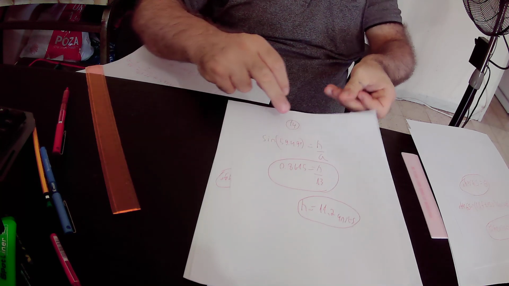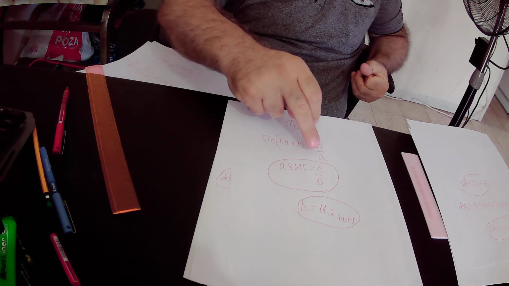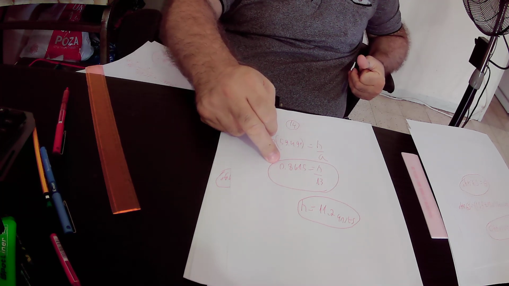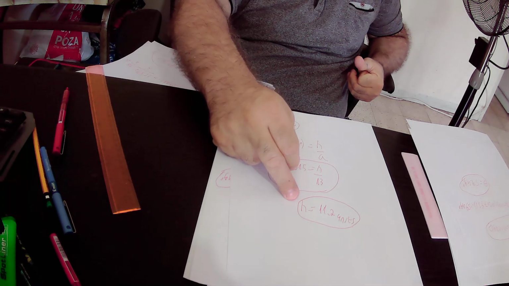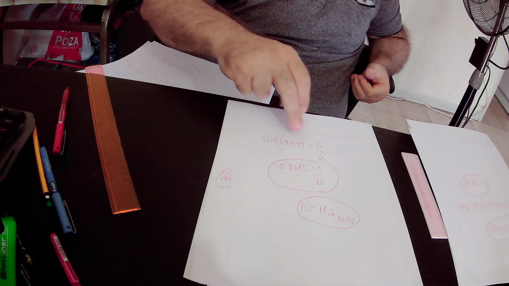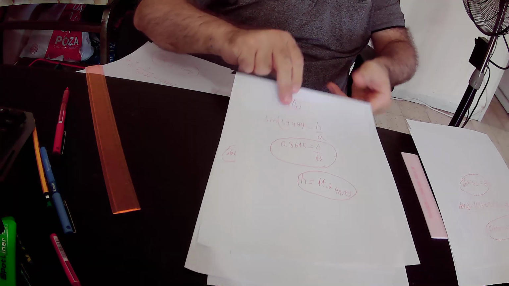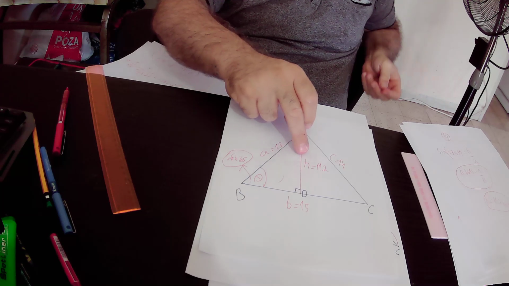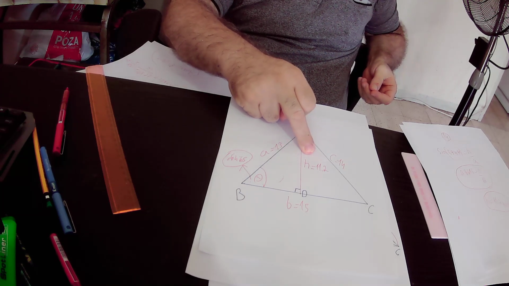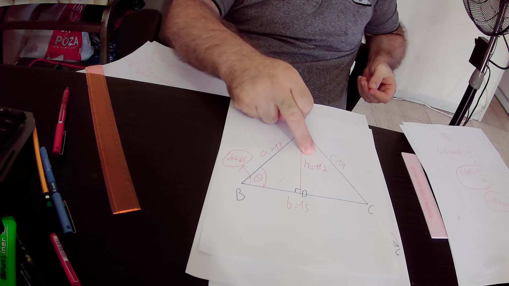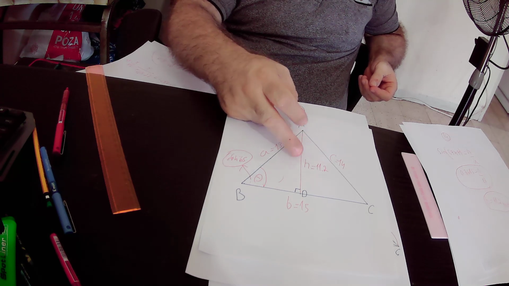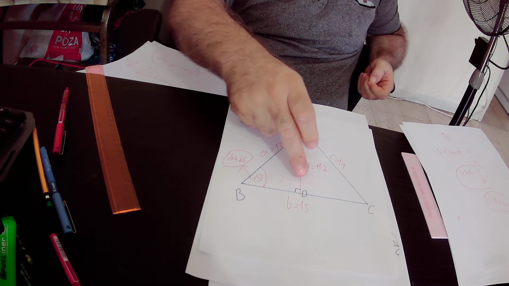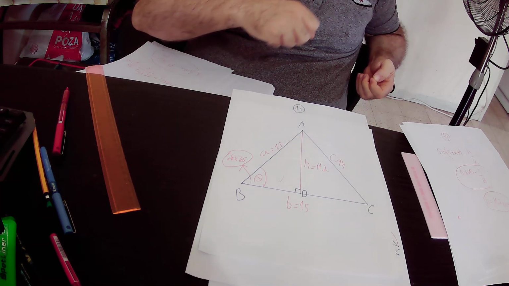Okay, so we substituted a by 13 units. Then we multiply this quantity by 13, and we find that the height of triangle ABC equals 11.2 units. This is 11.2 units, and it is the height of triangle ABC because it creates 90 degrees with the base BC.